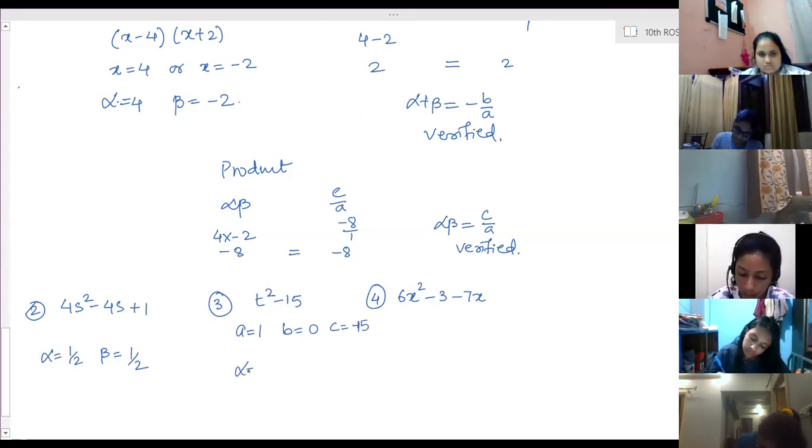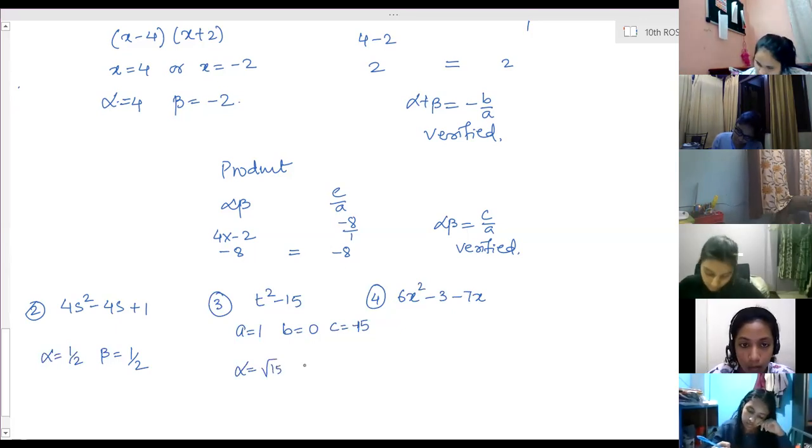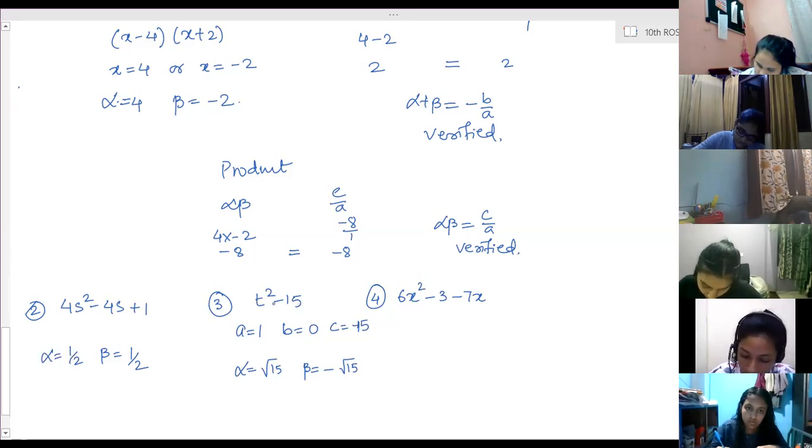What is the value of alpha? Root 15. Beta is equal to minus root 15. Yes, right. t square minus 15 is in the form of a square minus b square, so it is a plus b into a minus b.